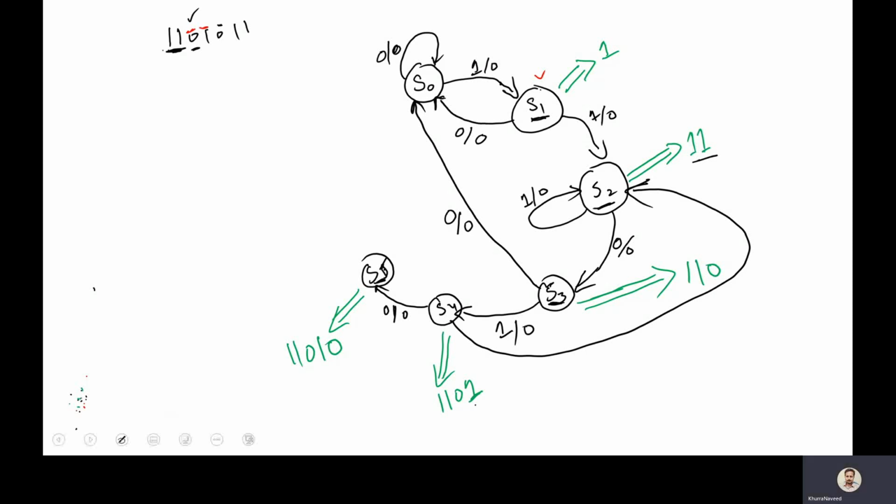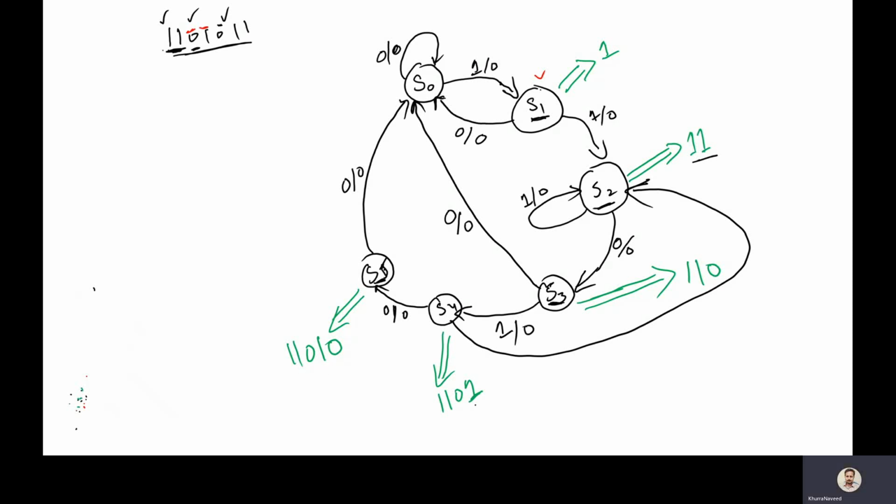Now if our input is 0, that would mean we need to go back to the S0 state or the reset state, because this combination is not part of this sequence, right? So from here, if we have input 0, the output would still be 0, and we go back to the reset state so that we can detect the first 1, because this is not even partially part of this sequence, right?